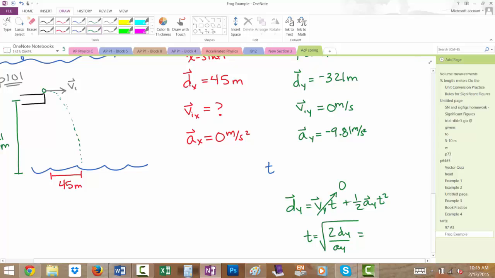Once you find the time, you can use that with the x stuff and your Valentine equation in order to solve for the Vx.